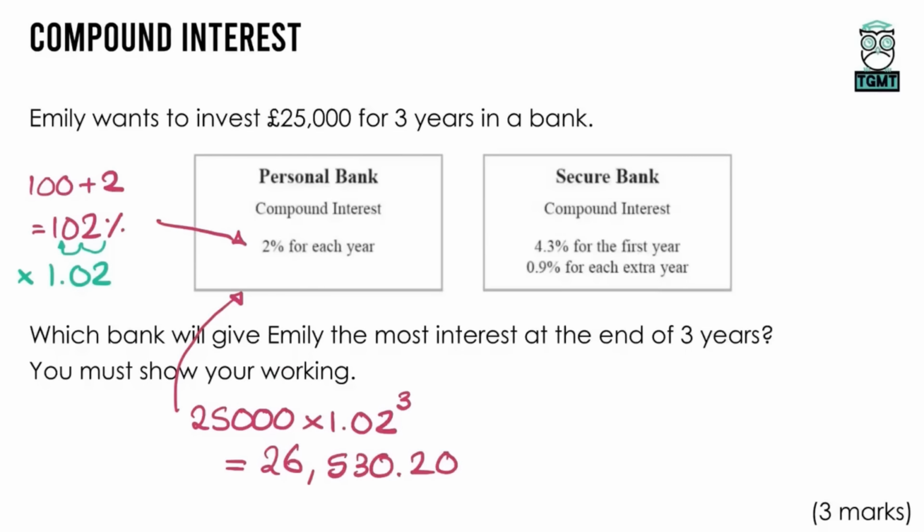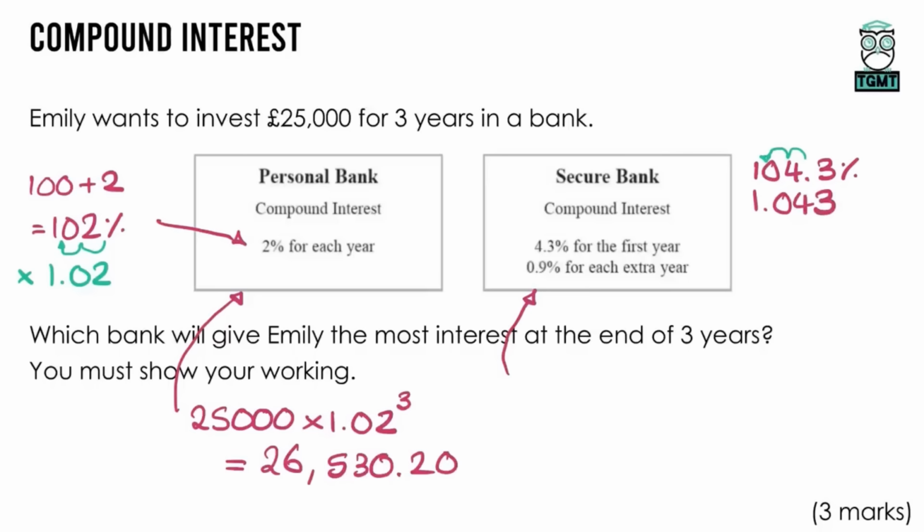Now we do need to be a little bit more careful with secure bank because there is a different amount in the first year. And with 4.3%, we do get some quite small percentages in terms of the multiplier. So if we add that to 100%, in this question, you would get 104.3% in the first year. To turn it into a multiplier, divide by 100, and just being really careful of those decimal places, we get 1.043.